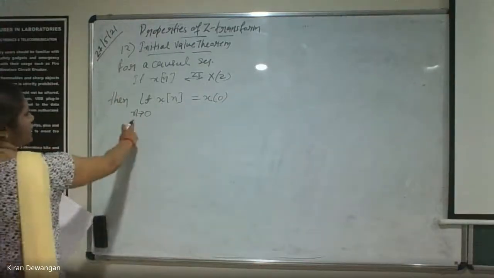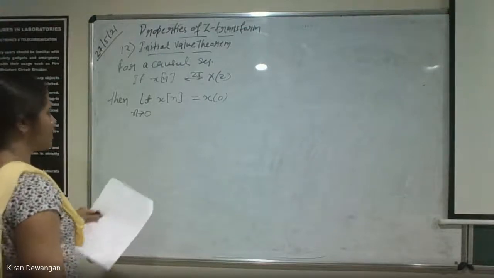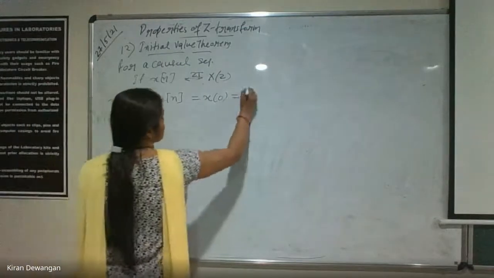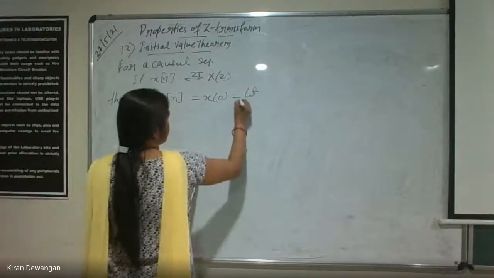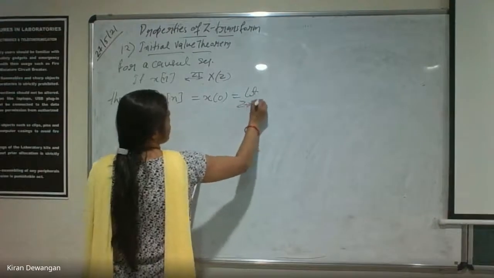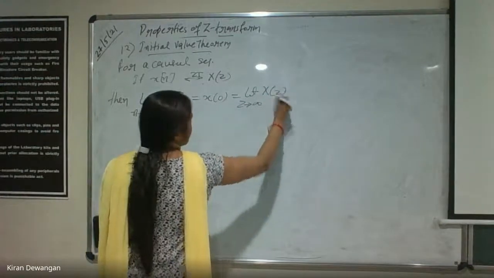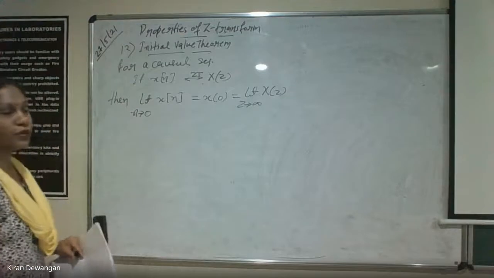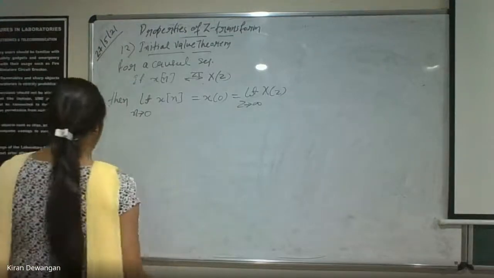Definitely, if I am taking n tends to 0, x of n will be x of 0, and this is equals to limit z tends to infinity x of z.